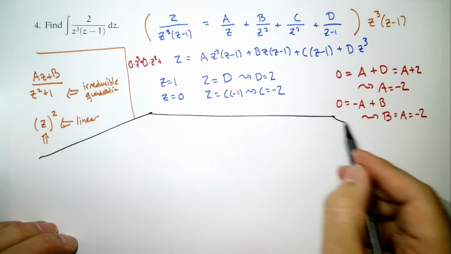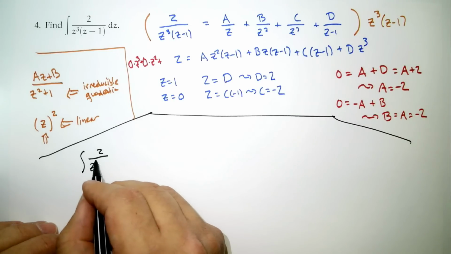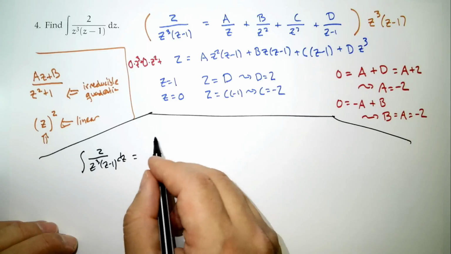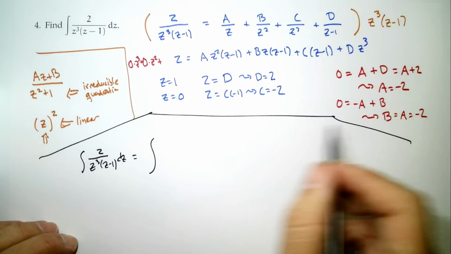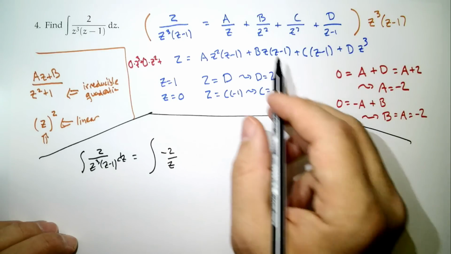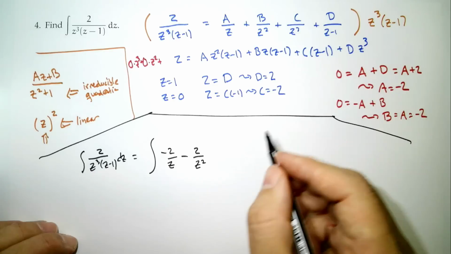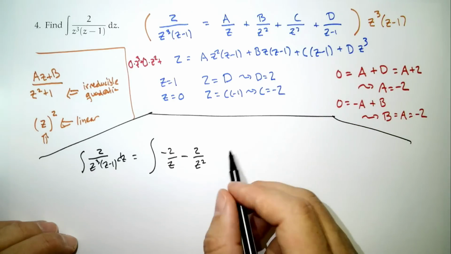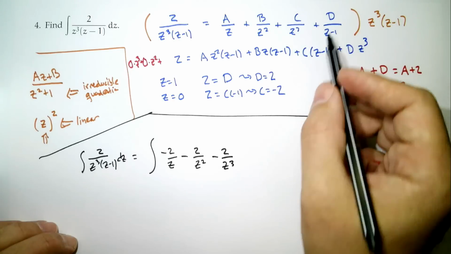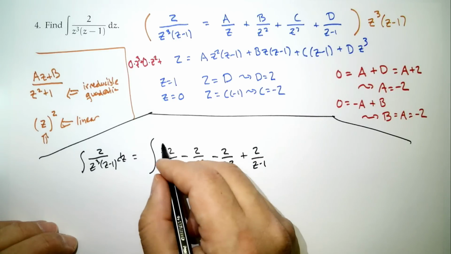So, using our partial fractions, we can get that 2 over z cubed times z minus 1 dz is equal to a over z, so that's minus 2 over z, plus b over z squared, minus 2 over z squared, plus c over z cubed, which is minus 2 over z cubed, plus d, which is plus 2 over z minus 1.